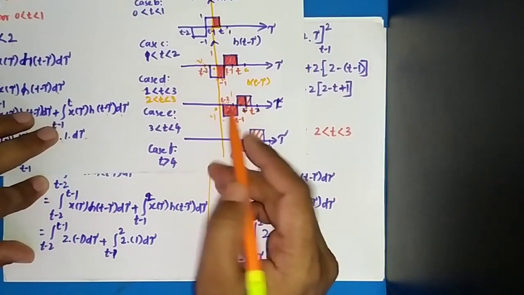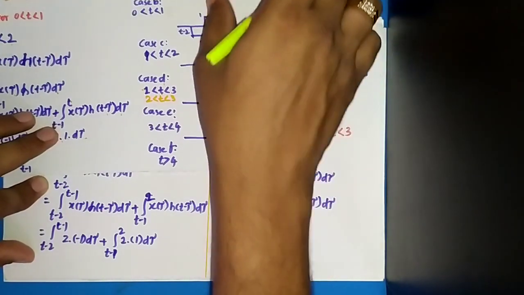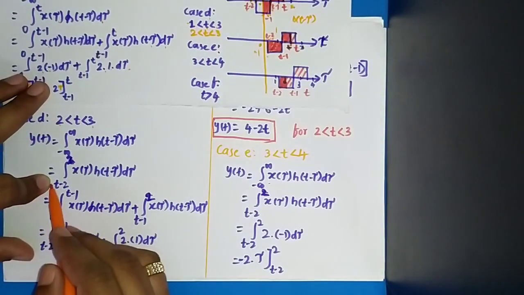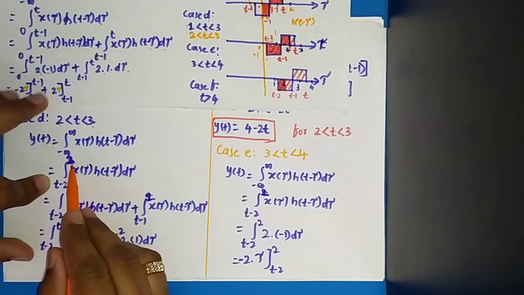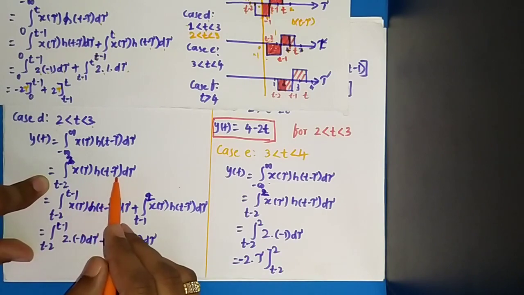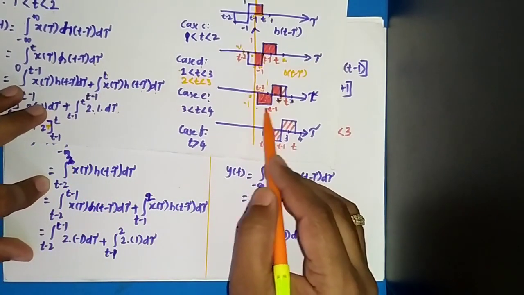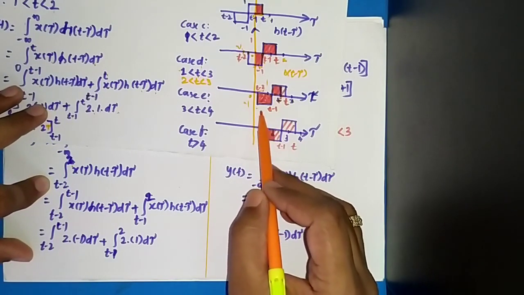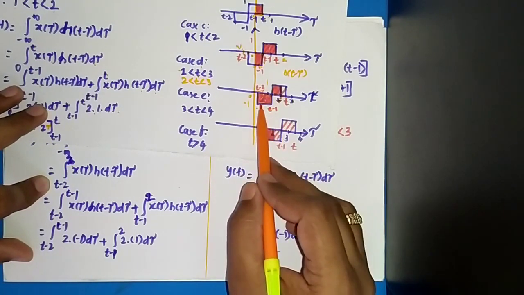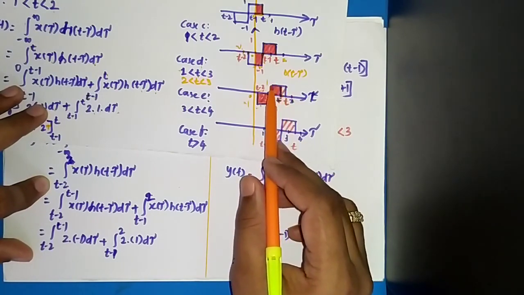You can see here, from t minus 2 to 2, that is the overlapping region, okay. So that's why it is t minus 2 to 2, x of tau, h of t minus tau d tau, okay. This also I will be dividing into 2 intervals, because you can see t minus 2 to t minus 1 it is minus 1, and t minus 1 to 2 it is having amplitude 1.